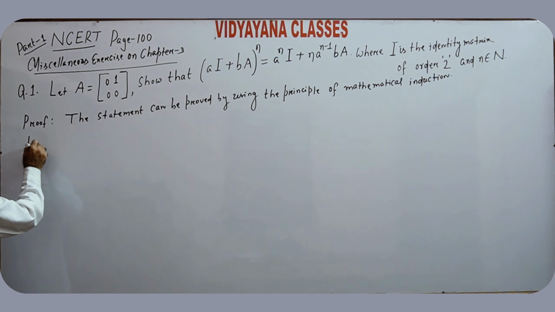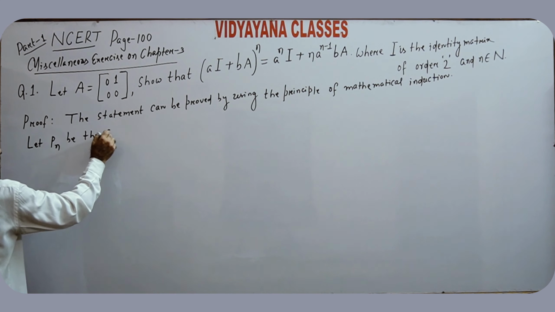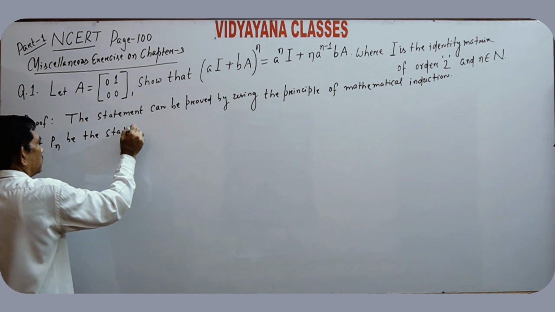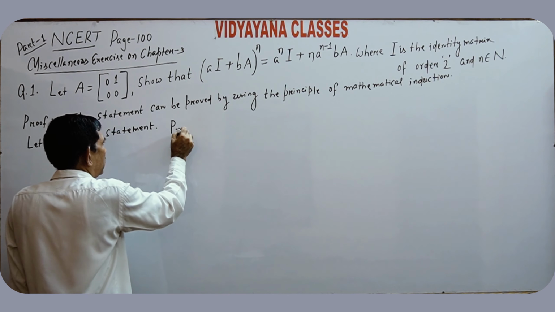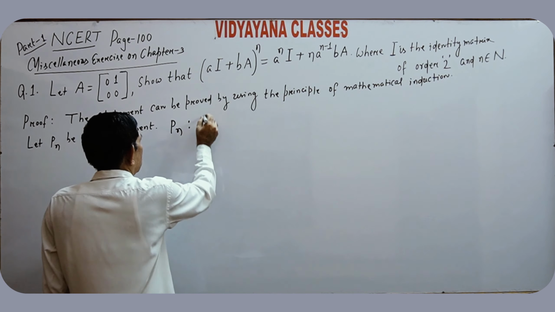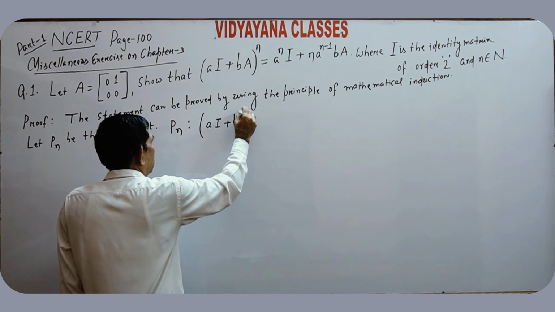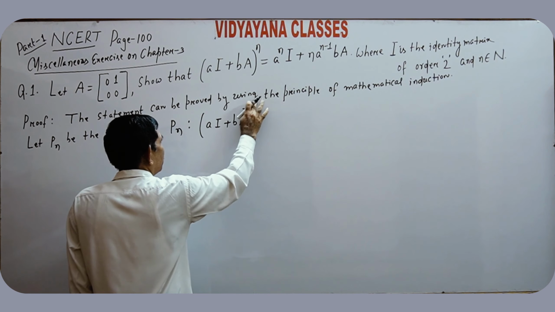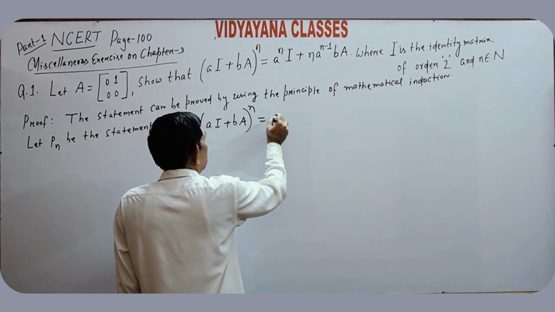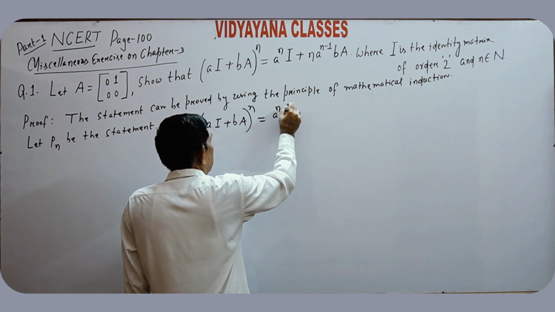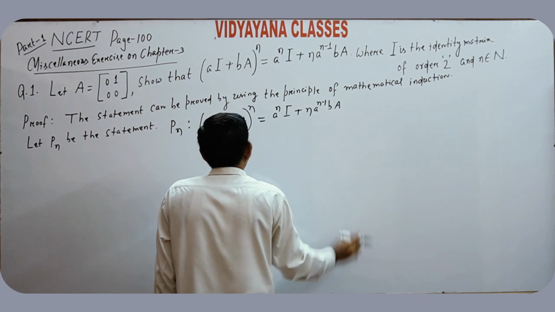Let P(n) be the statement P(n) so that (aI plus bA) whole to the n is equal to a to the n I plus n into a to the power n minus 1 bA. It is the statement.